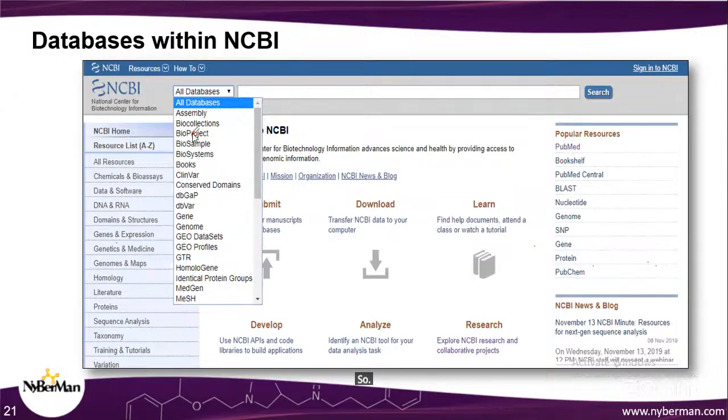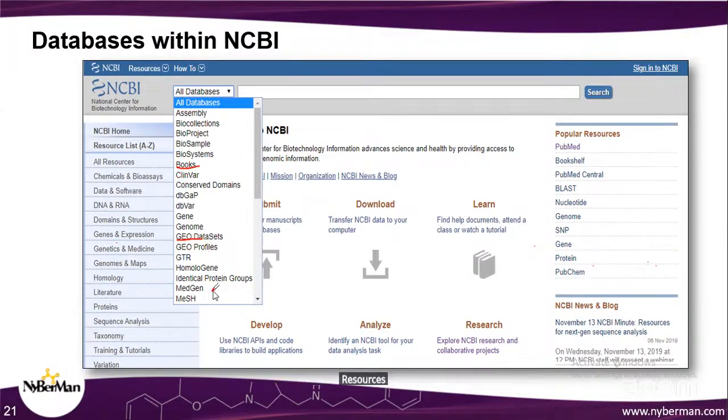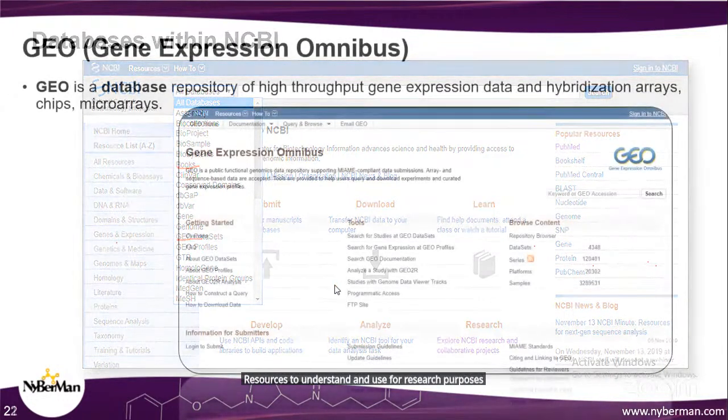This is just a drop down list showing all types of databases. As I was mentioning, the GEO database is within NCBI, so it is here. Then we can also check different books here, because they have given a wide variety of resources to understand and use for research purposes.